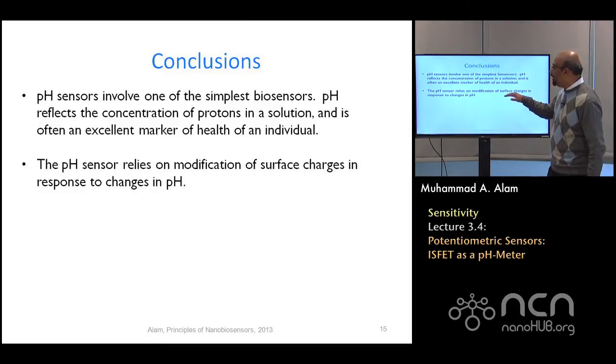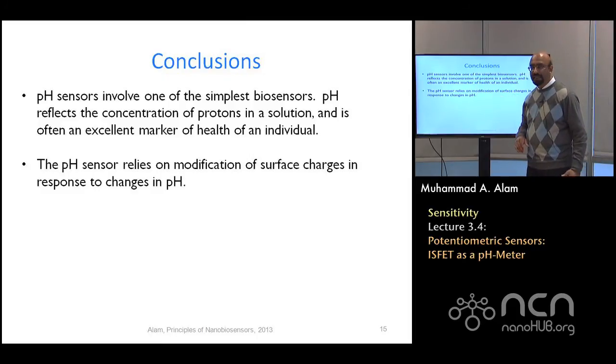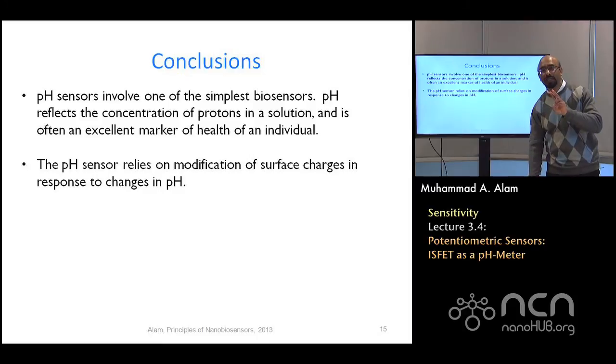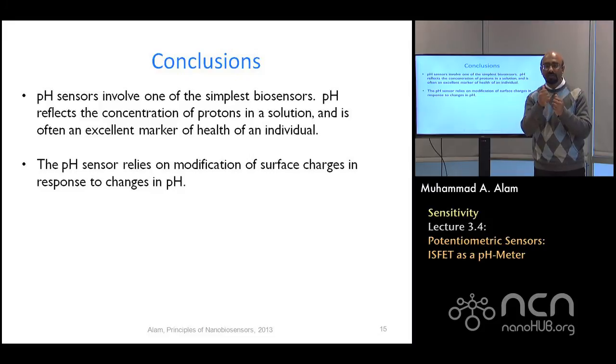Now, the pH sensitivity comes from the dangling bonds on the oxide surface. Oxide has this tetrahedral structure, and so the bonds stick up in the air, and therefore it can interact with the fluid itself. Now think about it: if you had graphene, would you expect any pH sensitivity?